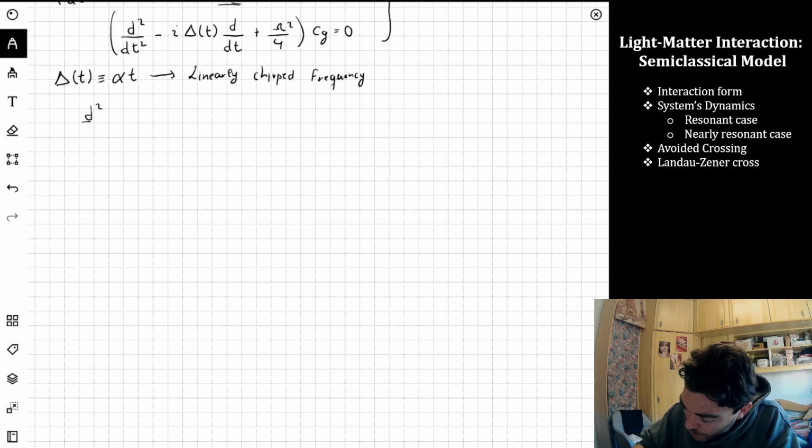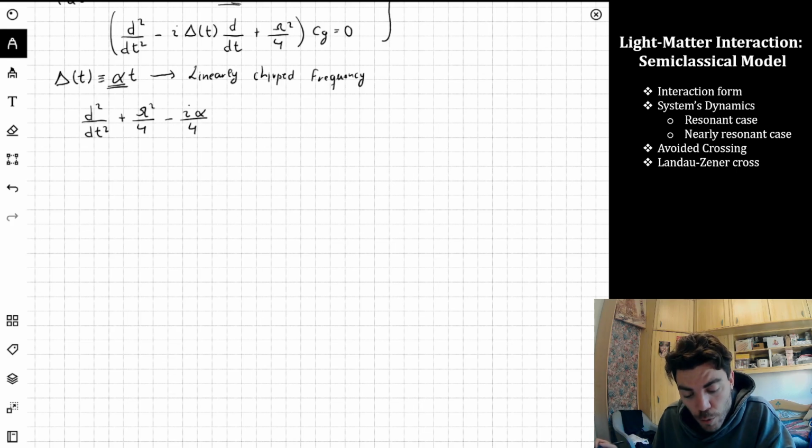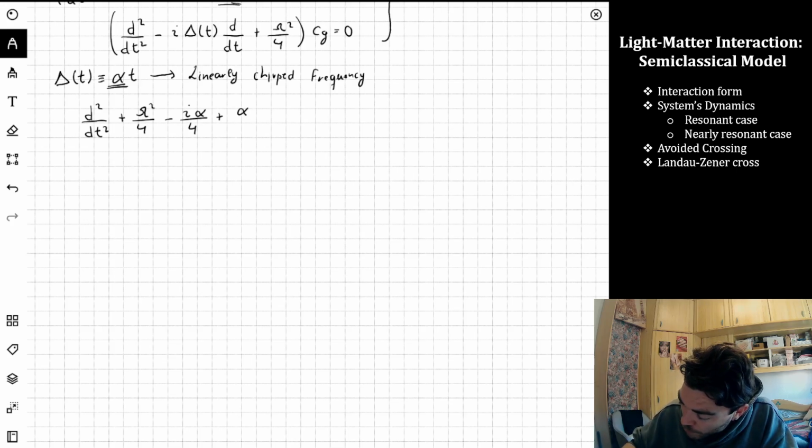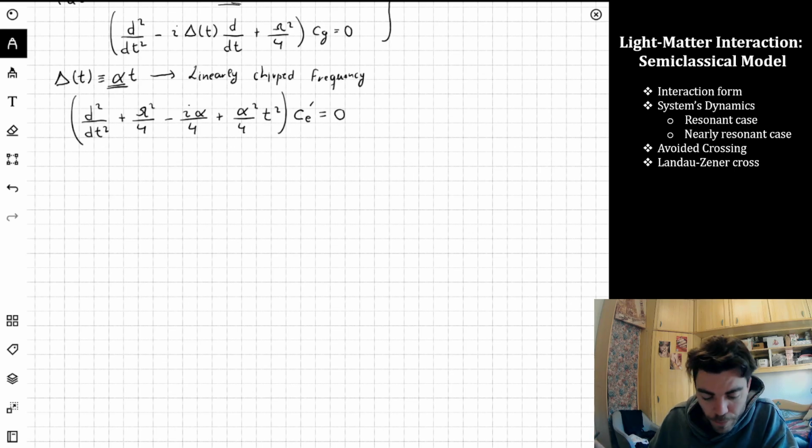The second derivative with respect to time plus omega squared over 4 minus i alpha, but remember this alpha is just the coefficient that says how fast we are sweeping linearly the frequency, plus alpha squared over 4 t squared, all times c_e prime, is equal to 0 for the new coefficient, and something very similar for the other coefficient.